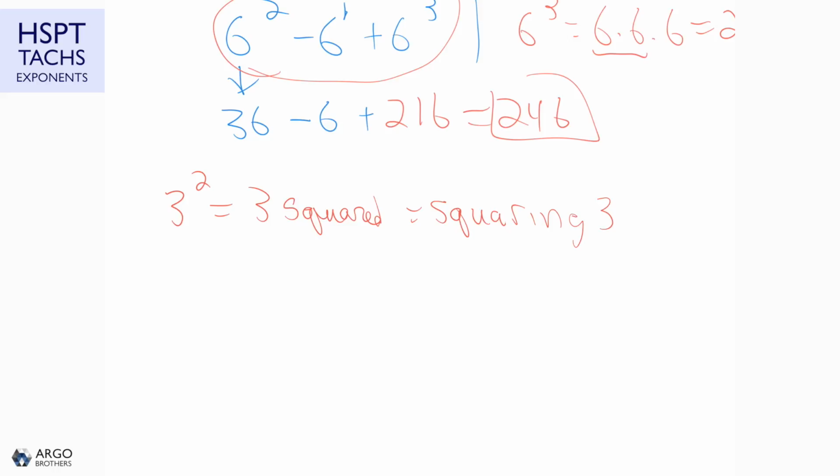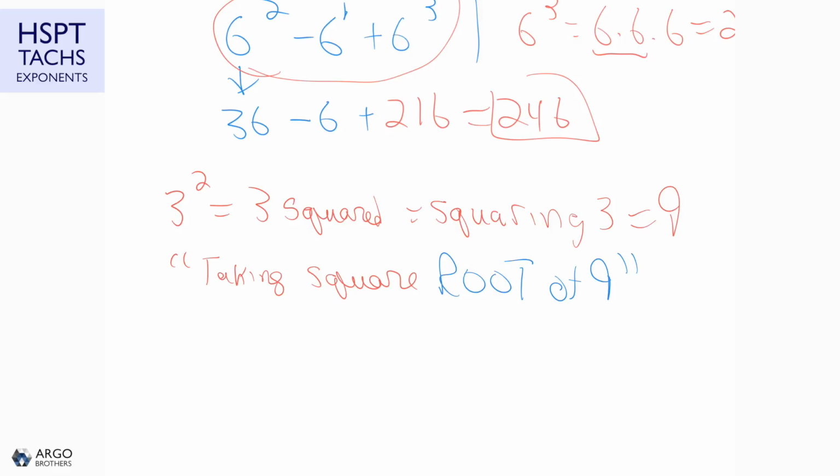And now, what if we wanted to go backwards? We know that 3 squared equals 9, so I'm going to write a 9 here. But what if we wanted to do something called taking the square root, I'll write this root in blue, taking the square root of 9. So taking the square root of 9 is doing the opposite of taking the square of 3.